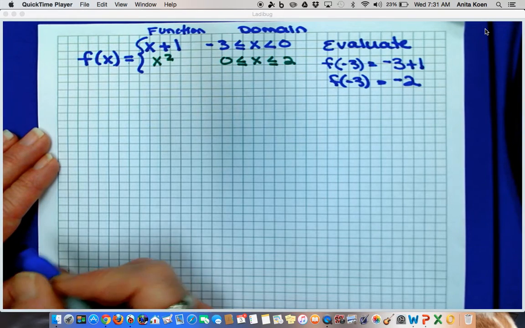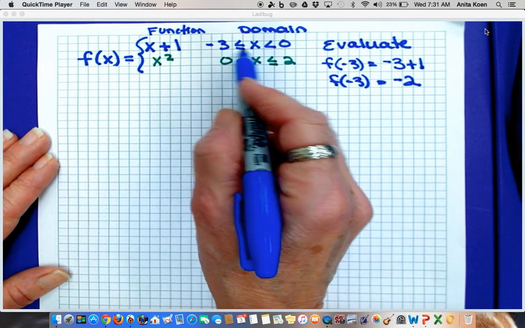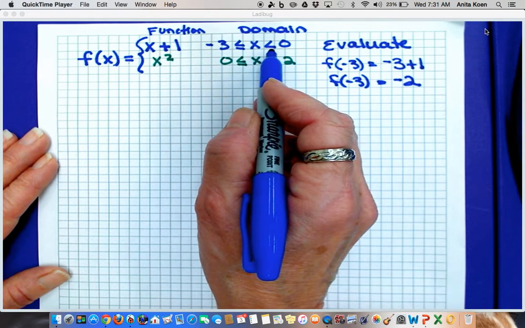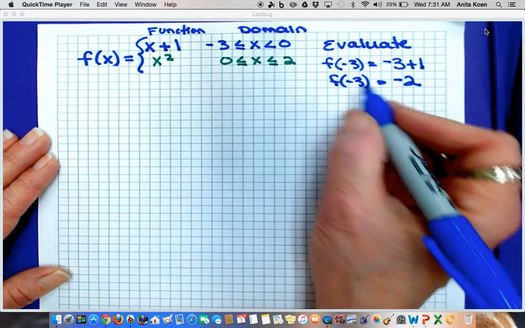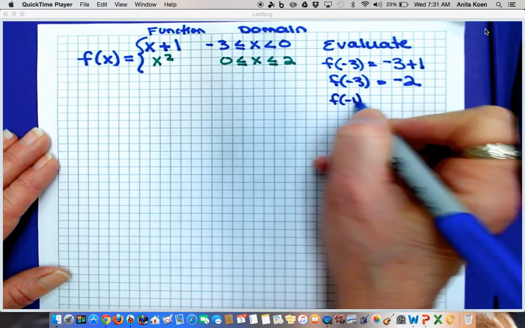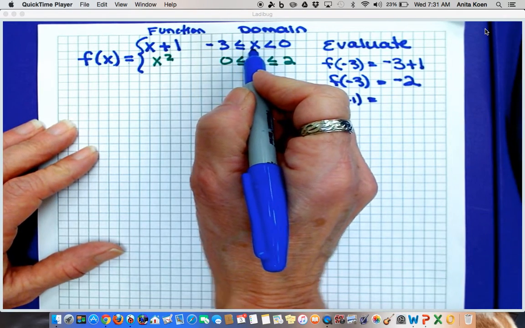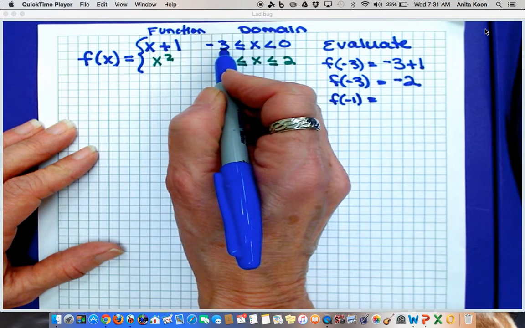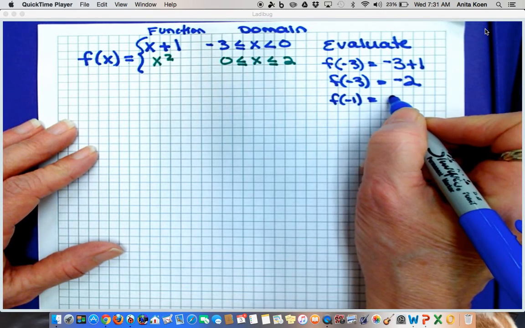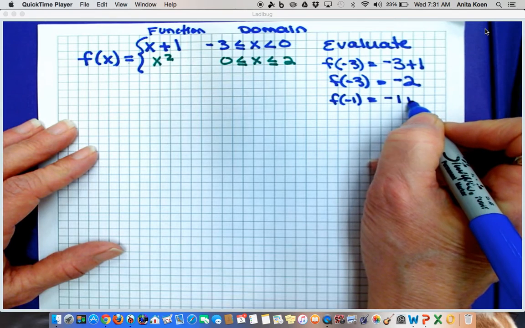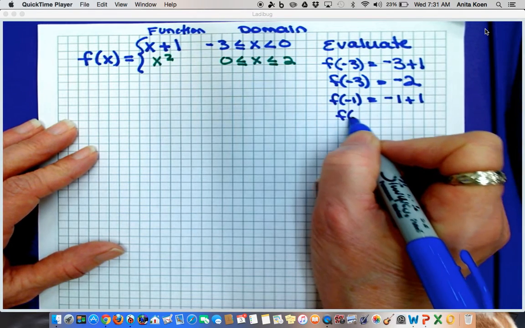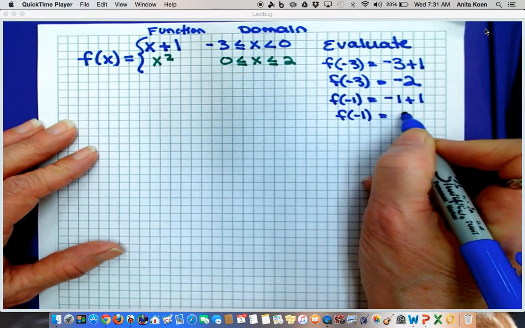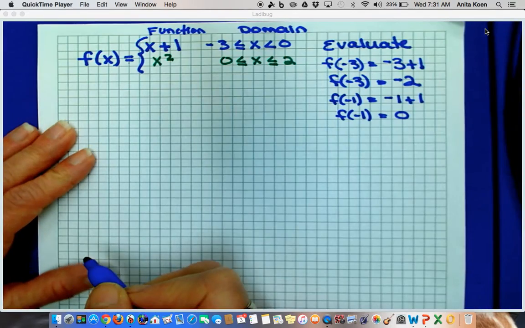Okay? If we wanted to put in a number in between here, let's say -1, so let's find f of -1. We're going to take the -1 and put it into this piece of the function, because the -1 is between -3 and 0. So -1 plus 1, so f of -1 is going to give me 0.